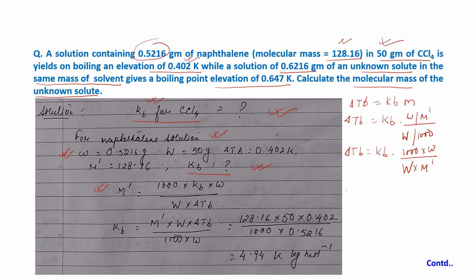From there I can get M dash is equal to Kb into 1000 into W divided by delta TB into capital W. So from there we are getting this formula. Now put everything in the formula, you will get the value of Kb.